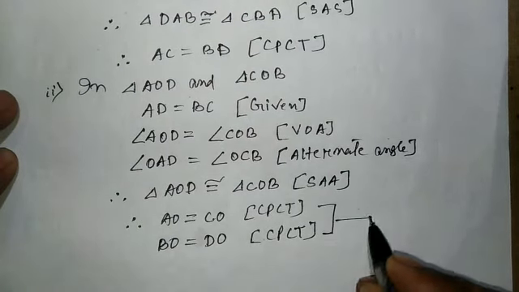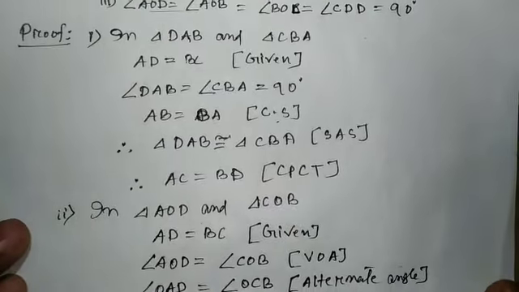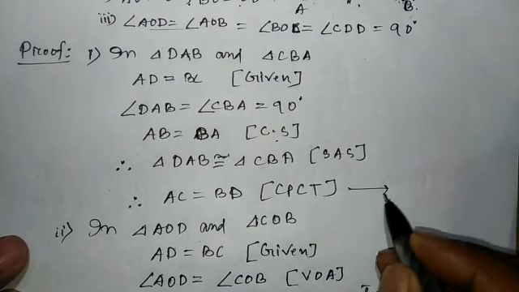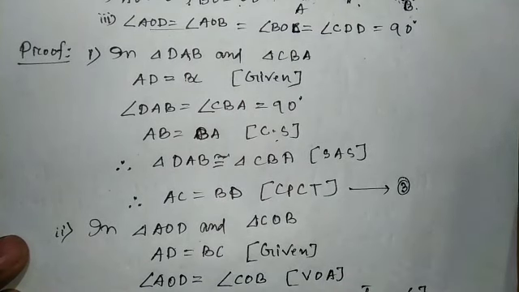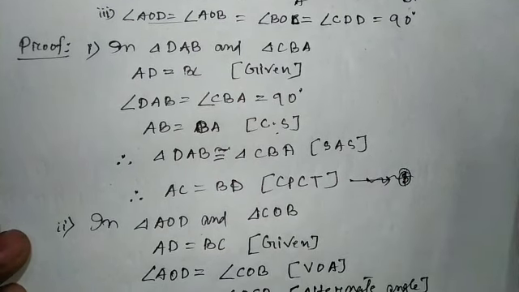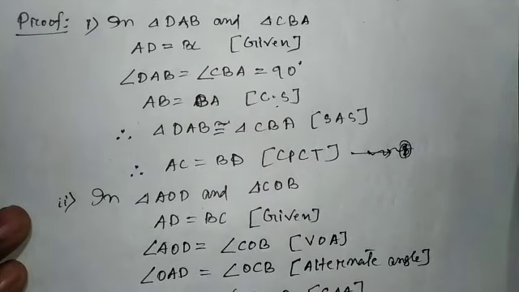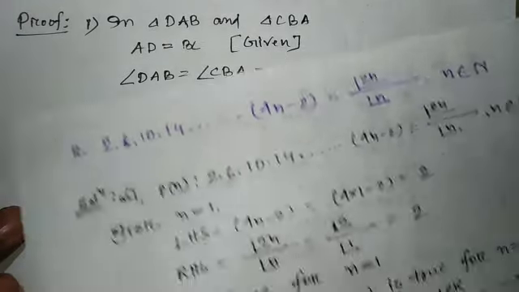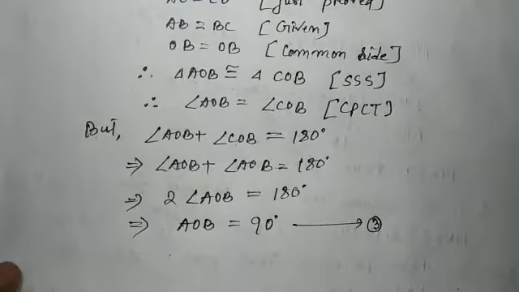Give this equation number 3, the previous one equation number 2, and this one equation number 1. So this is the proof of this sum.